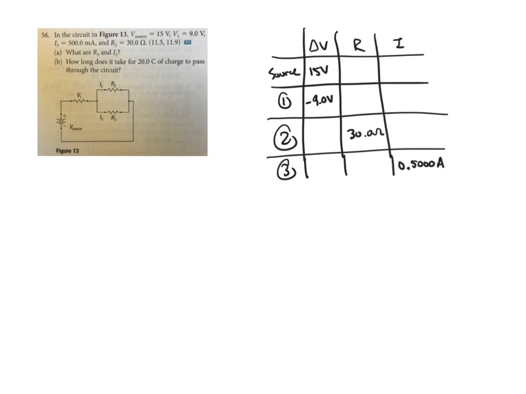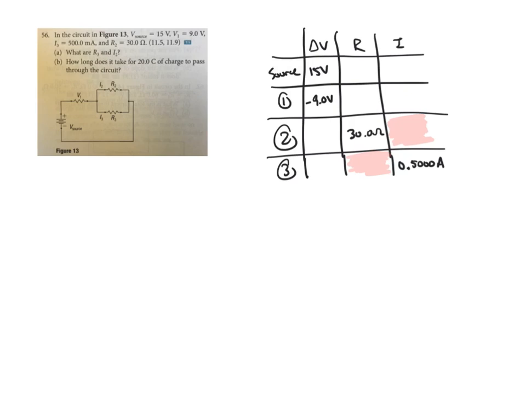All right, so that's what they give us, and I'm supposed to find R3 and I2. So I'm just going to color those in red. These are my targets. So I can stop once I've figured out these targets.